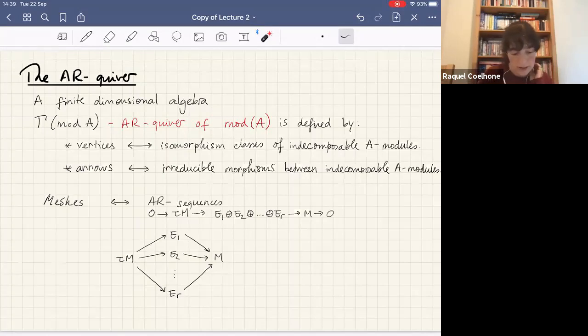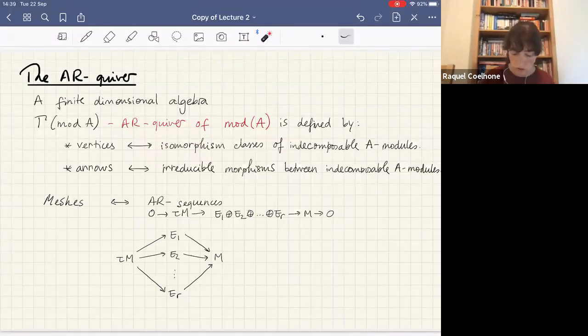This has a nice property, which is that it's a translation quiver. So we're going to have what we call meshes, and this will encode the Auslander-Reiten sequences in it.